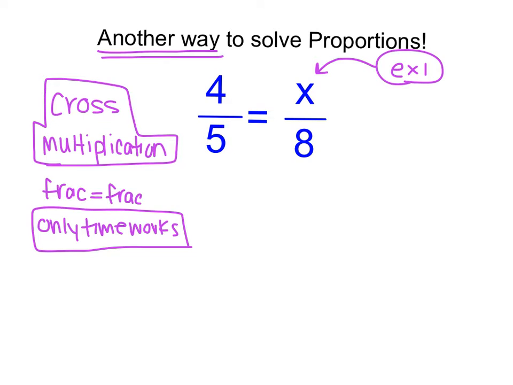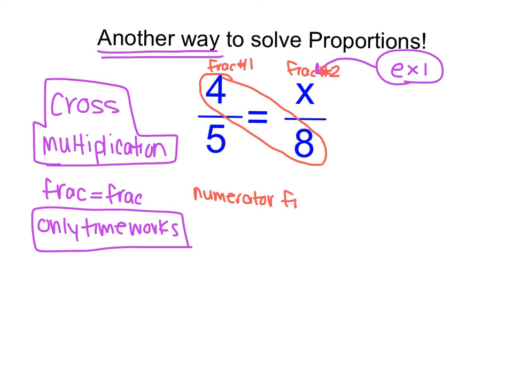So here you'll notice I have fraction number 1 and fraction number 2. When we use cross multiplication, we are going to take the numerator of fraction 1 times the denominator of fraction 2.